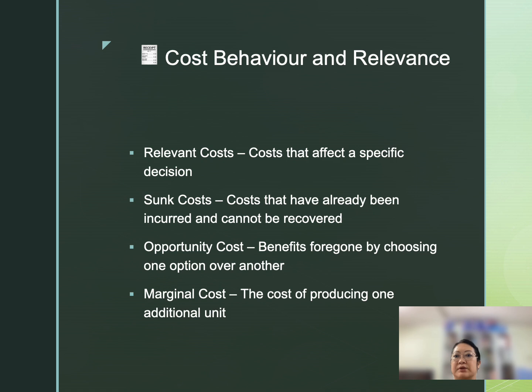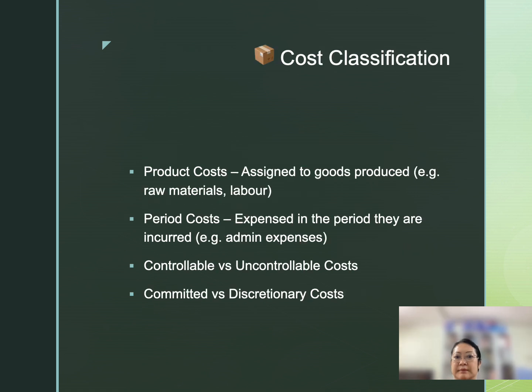Opportunity cost is the value of the next best alternative that you give up. And marginal cost is the cost of producing one more unit of something, such as a product.